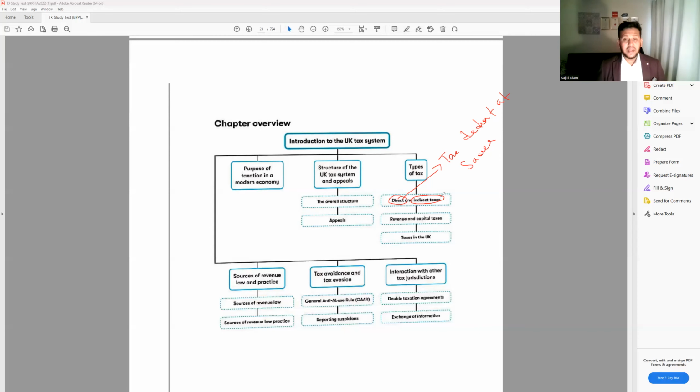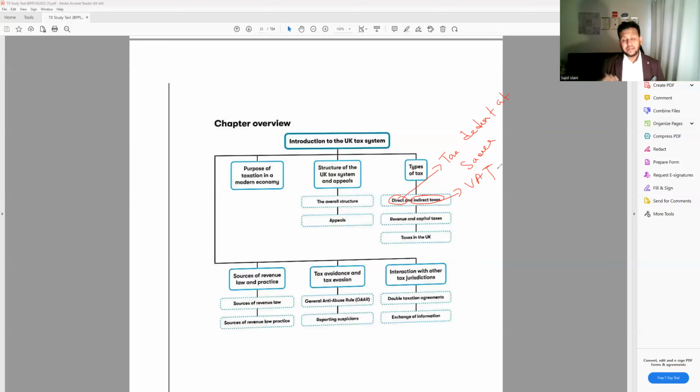On the other hand, we have an indirect tax, and in other form, we can call it VAT. So the indirect tax means they will not deduct this tax from my salary straight away, but they will give it to me. And when I'm going to spend this money, for example, in the supermarket or in the restaurant, or to pay the bills, for example, gas, electricity, or rent, I have to pay the VAT for that. So basically, the money is already with me, but I have to pay from this money an additional 20%.